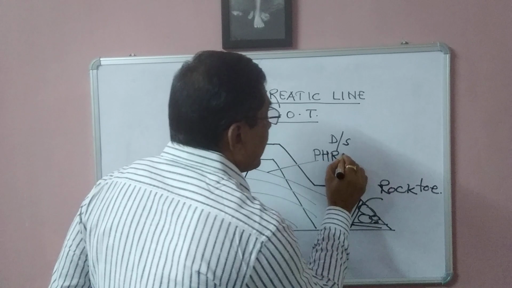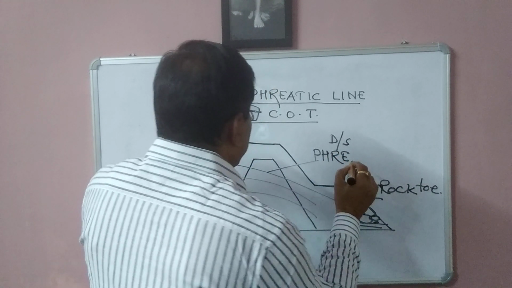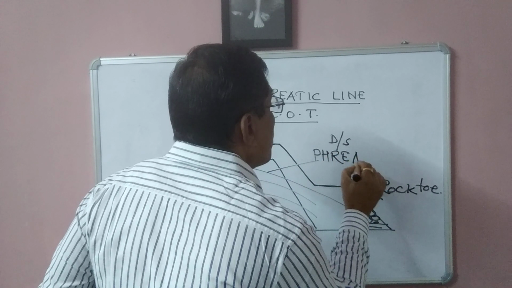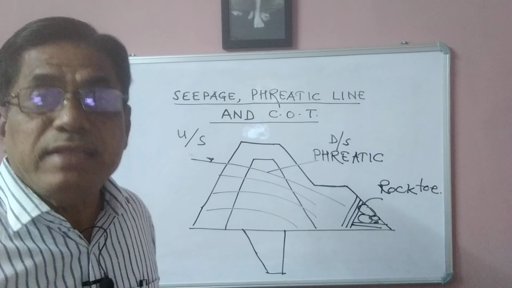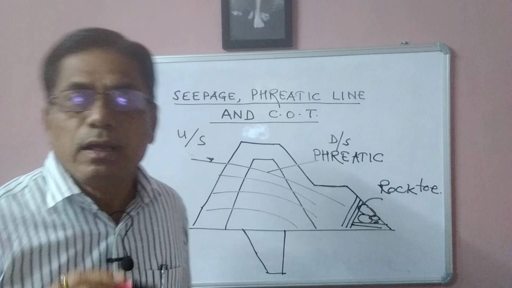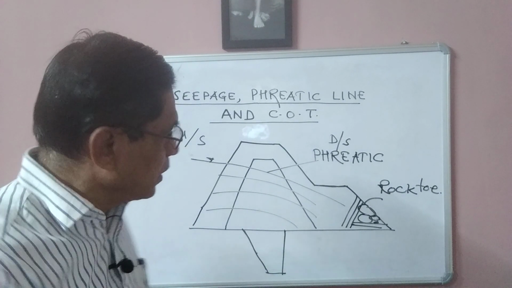So the phreatic line is the top seepage line. It is also called the seepage gradient line or the hydraulic gradient line.